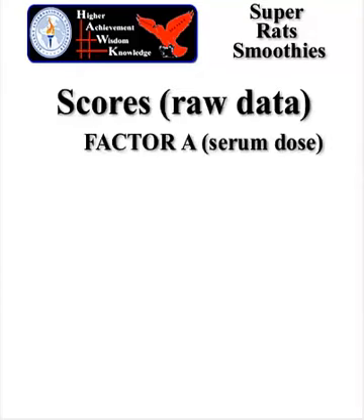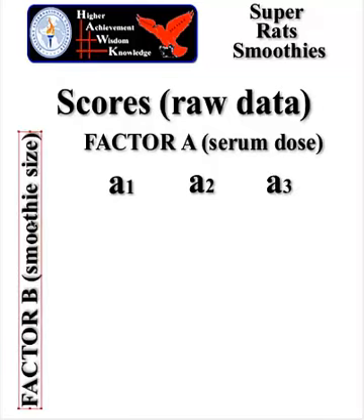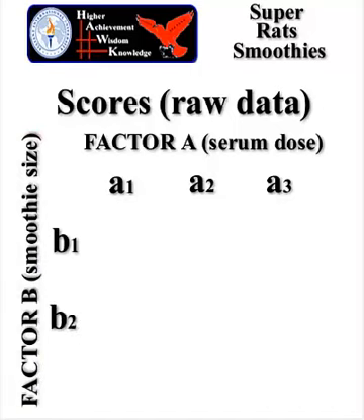And here's the raw data. We're going to go ahead and make a table for it. So the top row going across is factor A at the 3 different levels, right? A1 is 0, A2 is 10, A3 is 20. And the y-axis up here is going to be our factor B, and that's the smoothie size. And B1 is small, B2 is large.